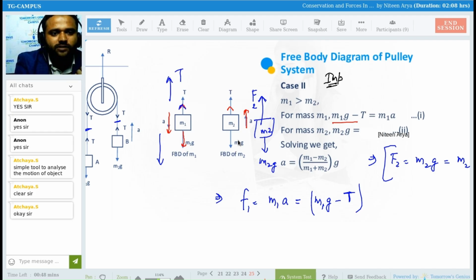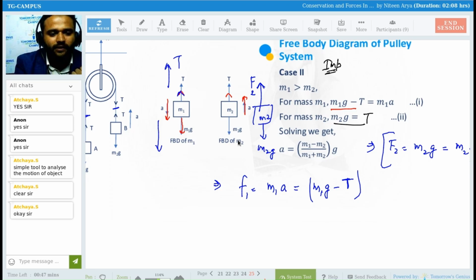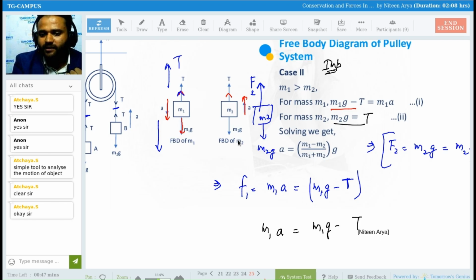Means whatever the tension force on this particular string on mass 2, that is going to be m2g. So if we put this T here, we get A. Clear? And that is m1a is m1g minus tension, and the tension force is m2g. Then A.